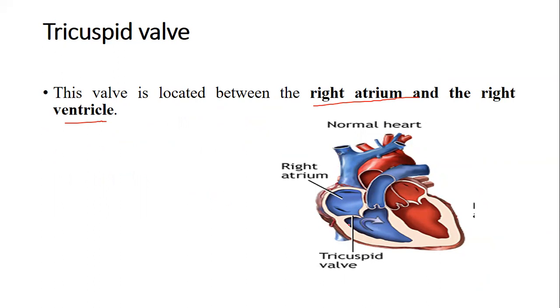Here you can see the tricuspid valve. This is the right atrium and this is the right ventricle. The main function of the tricuspid valve is to allow the unidirectional flow of blood from the right atrium to the right ventricle. It helps to prevent the backflow of blood from the right ventricle to the right atrium.